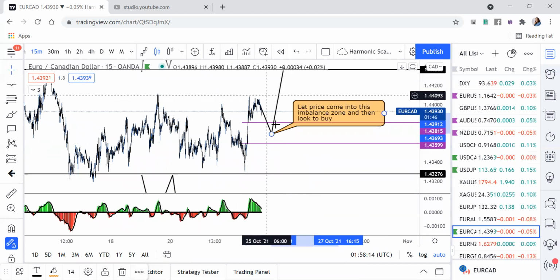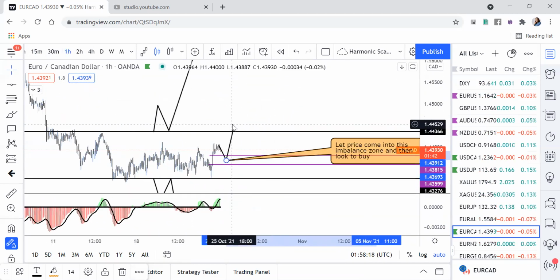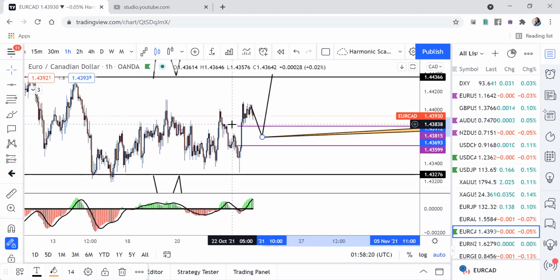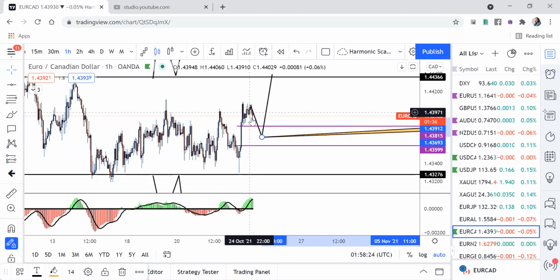I love this imbalance candle, really, really nice imbalance candle here. So just waiting for price to come into that imbalance zone, and then we could take this nice 70 pip move up. Right, so I would love to start the week with that.